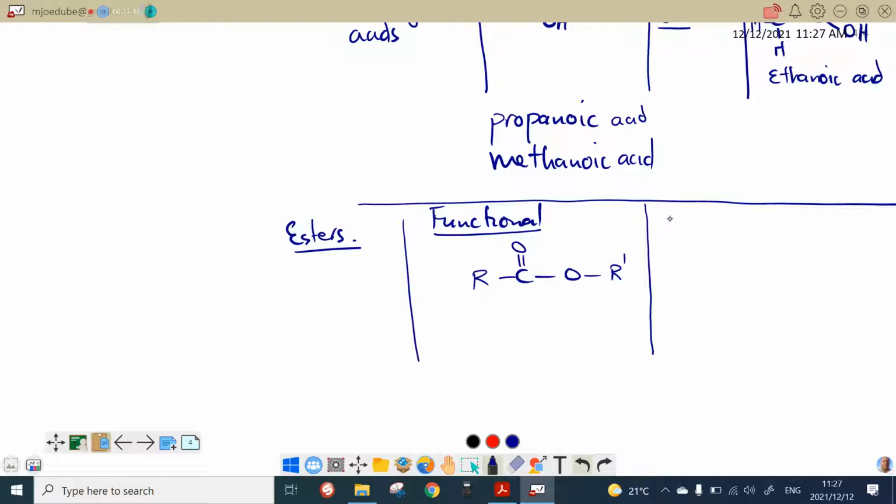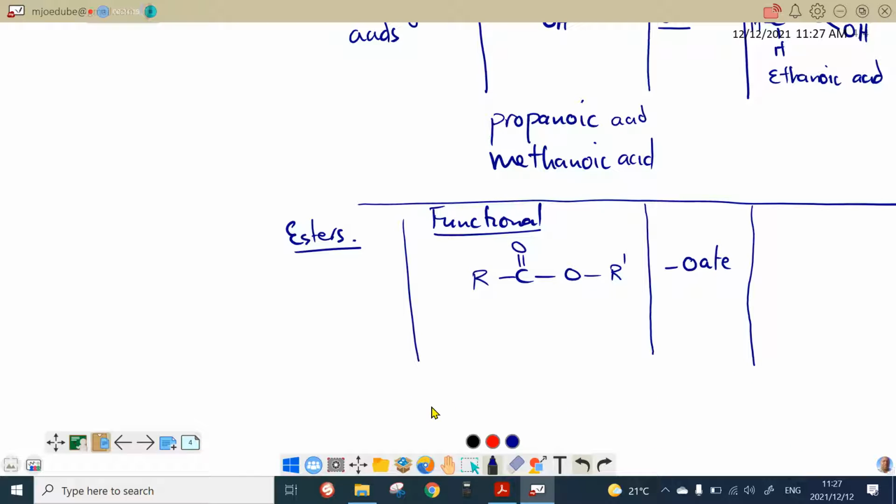So what do they end with? They will end with oate. So it's a combination from the alcohol and from the acid itself.